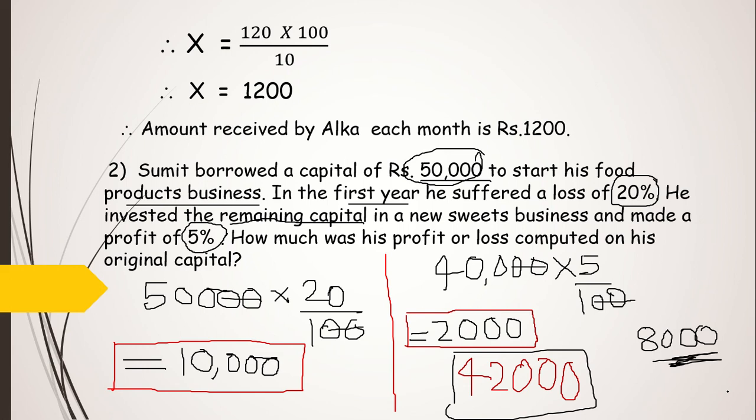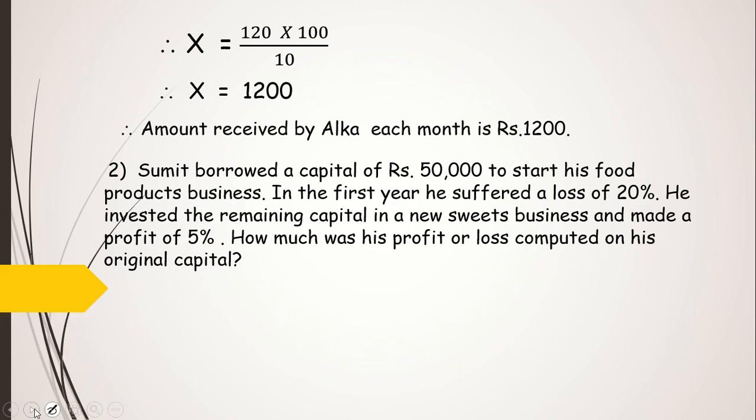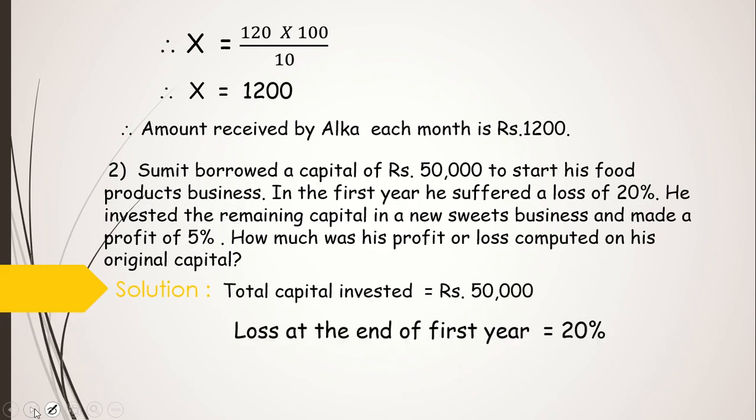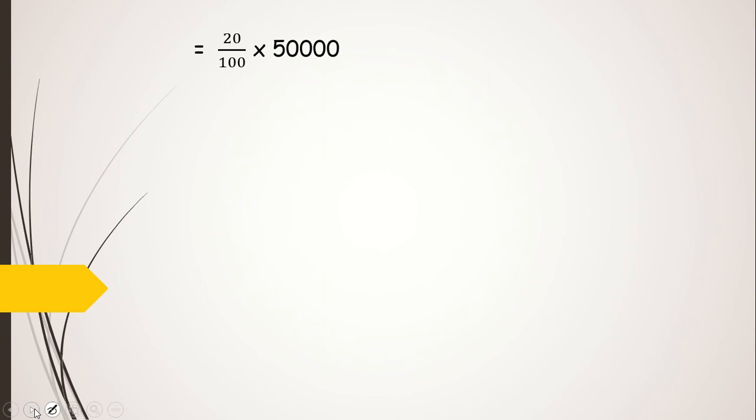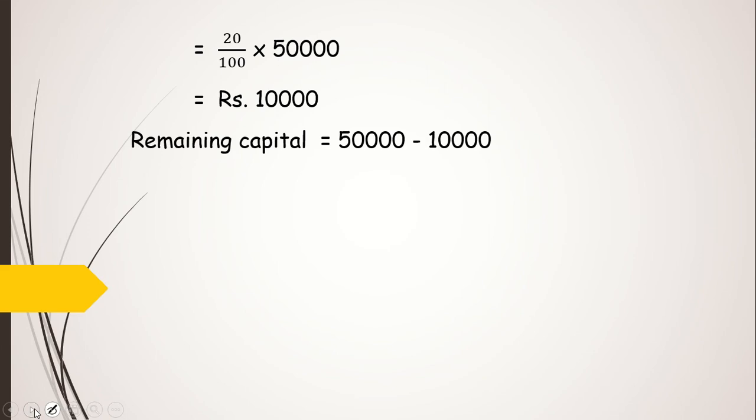Now this loss we have to calculate in the form of percentage. That's it. So let's see how we do it. Total capital 50,000. Loss at the end of the first year is 20%. So 20% of rupees 50,000 was lost. So 20 upon 100 into 50,000, that's rupees 10,000. Loss in the first year is rupees 10,000.